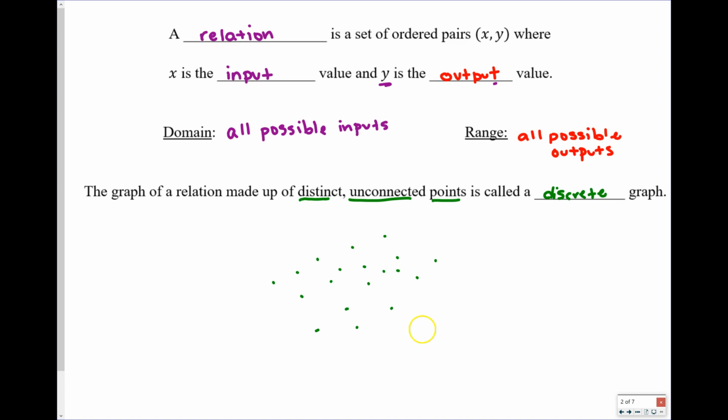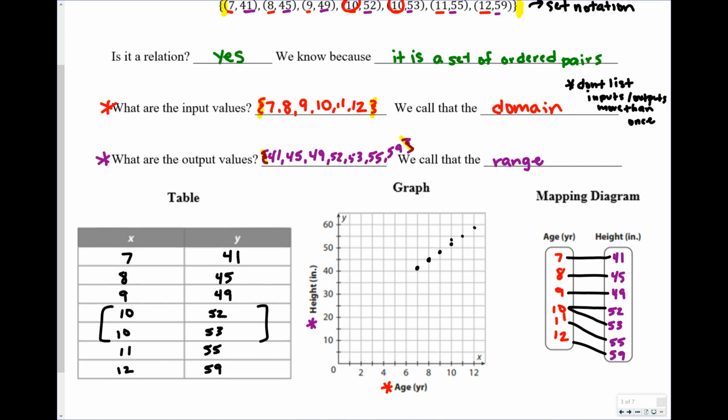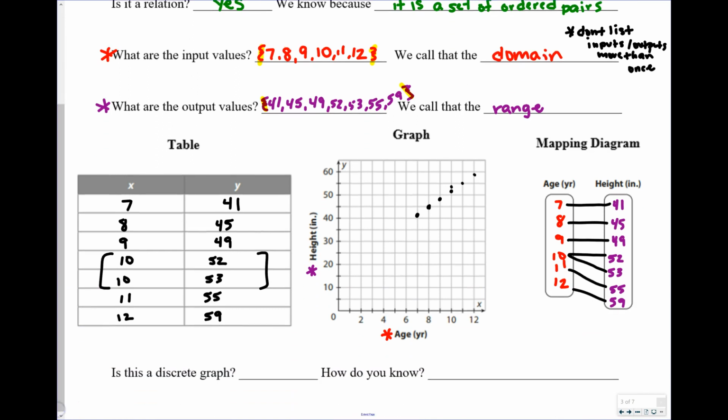So if your graph has a bunch of dots, it's discrete. So now when we go back to this question that says, is this graph discrete? You can now answer this question with a yes. And how do you know? You know because all points are unconnected.